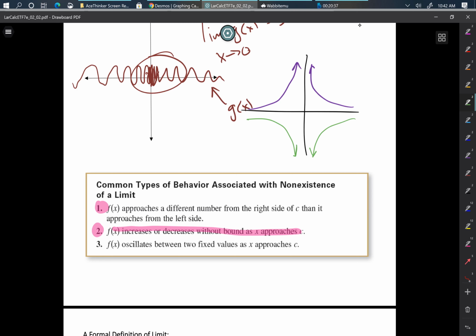That's just the way we define it. Okay? Because yes, they're both going in the same direction. In a sense, they're both going to infinity. But the definition for a limit requires that we approach a number, and infinity isn't a number, it's a concept or an idea. Right?